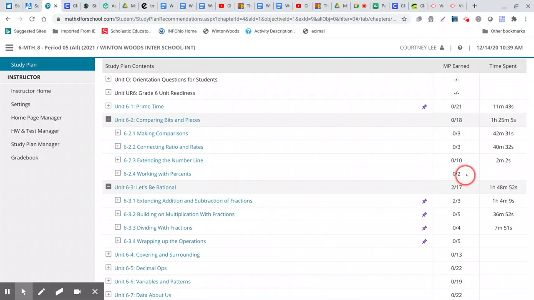Yes, you have to complete all 18, but for Let's Be Rational, the unit we're doing now, just do the first 2 objectives. So extending addition and subtraction of fractions, 3 mastery points is what you need to do. Building on multiplication with fractions, 5 mastery points is required. So only the first 8 are required.